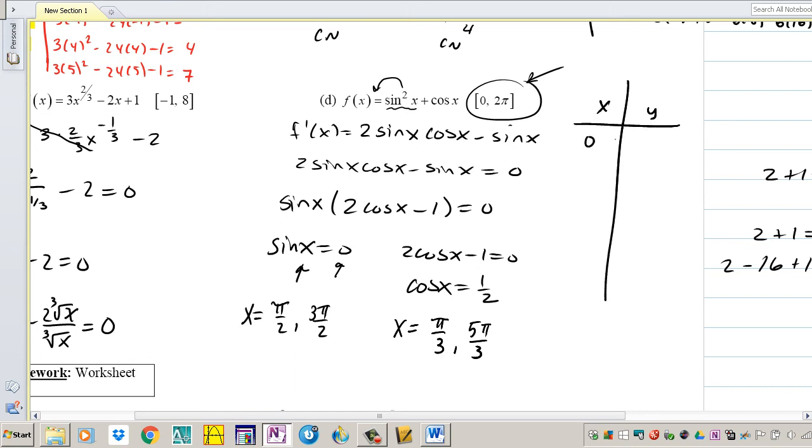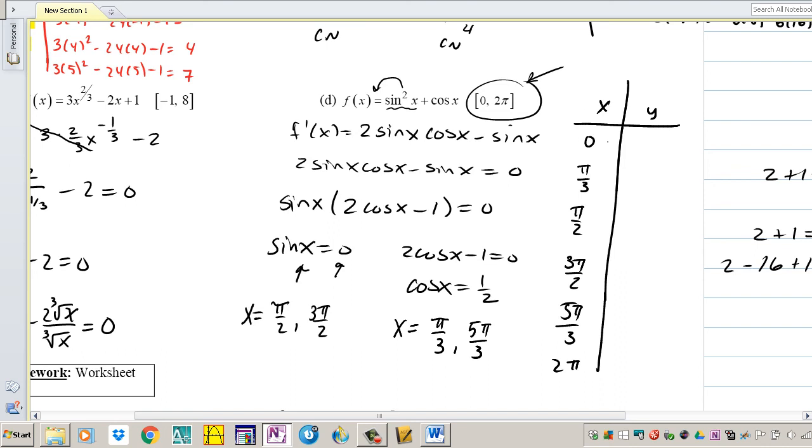I have 0. Next is pi over 3, then pi over 2, then 3 pi over 2, 5 pi over 3, and 2 pi. I'm going in order. If you know your unit circle, this is the order of the angles that I'm given. So I have a total of 6: 1, 2, 3, 4, 5, 6.